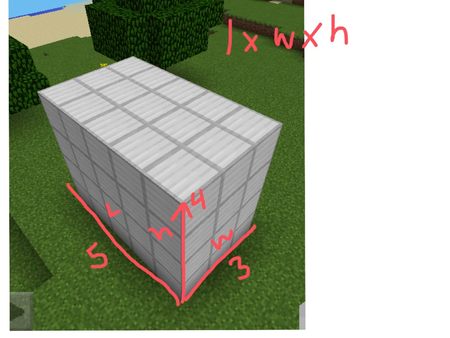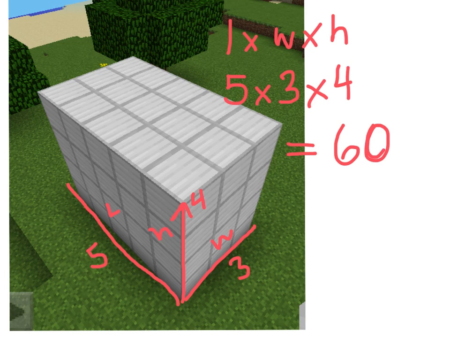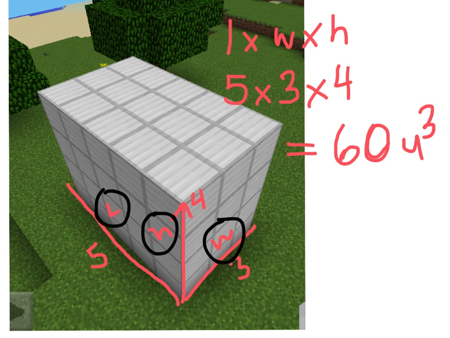So in this case, I'm going to do the length, which was 5, multiplied by the width, which was 3, multiplied by the height, which is 4, and that's going to equal 60. Now remember, this is a real life 3D object, so it's going to be 60 units cubed, not 60 units square. 60 units cubed because it now has width, length, and height. 3 dimensions, and those 3 dimensions make it a cubic unit, a unit to the power of 3.